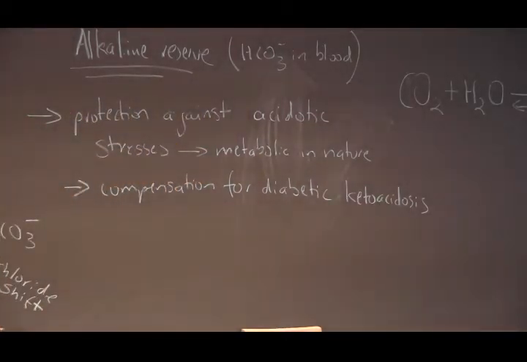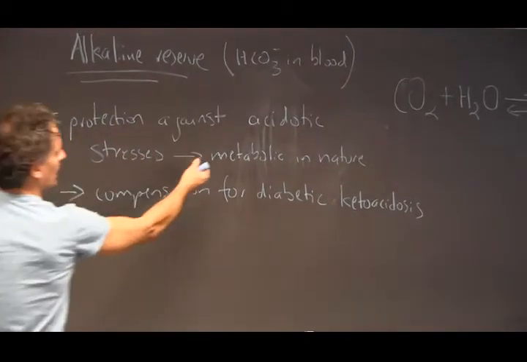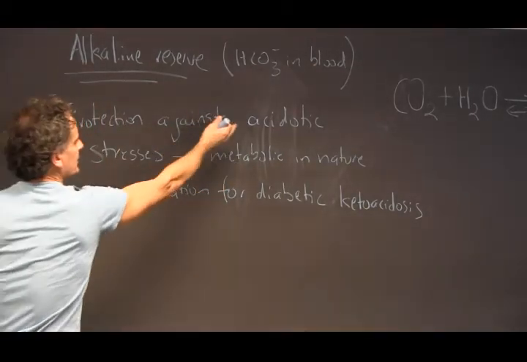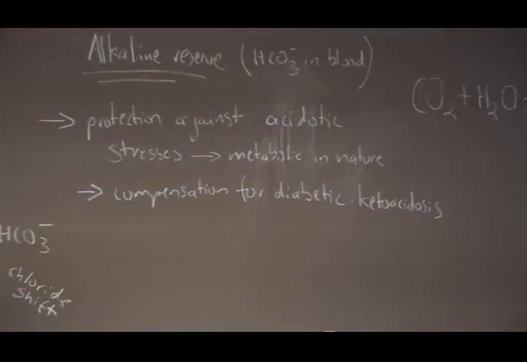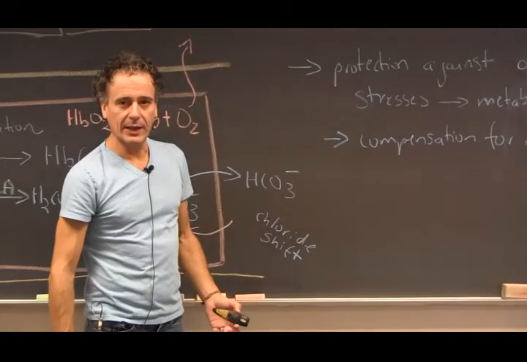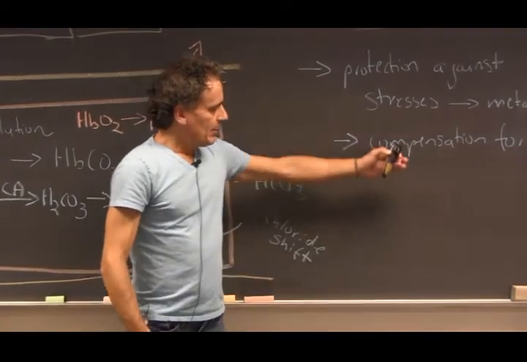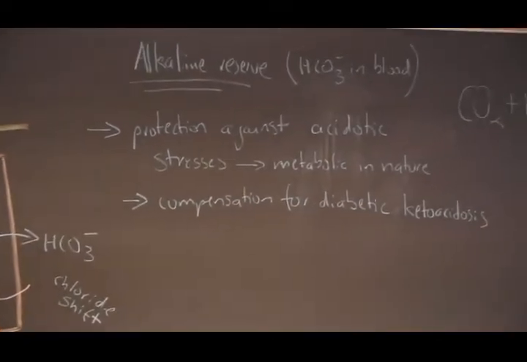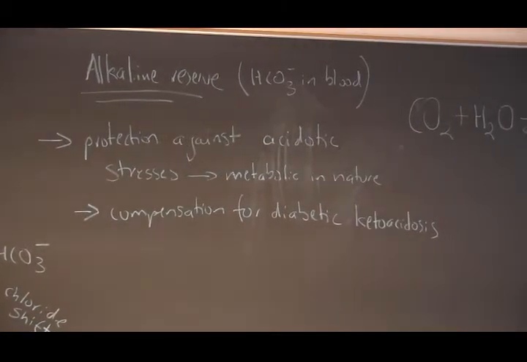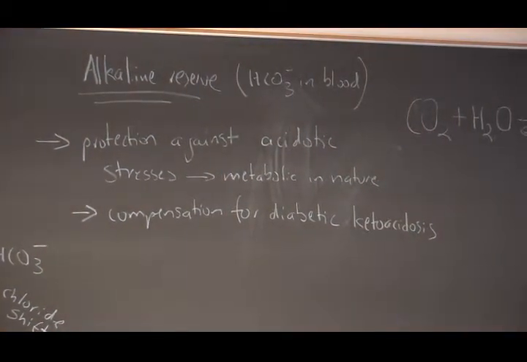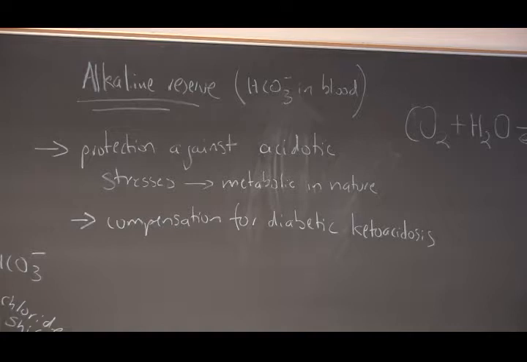Now, any other metabolic stress that would result in increased production of acid would also be an adequate example. But let's use diabetic ketoacidosis as an example of such a metabolic stress that creates an acidic environment in the interstitial fluid and therefore in plasma.